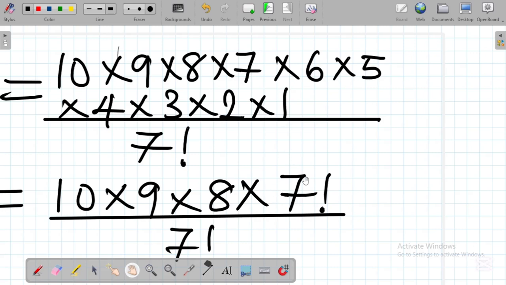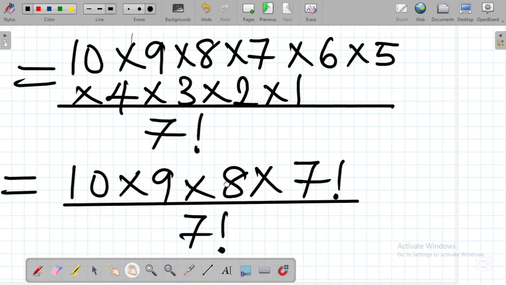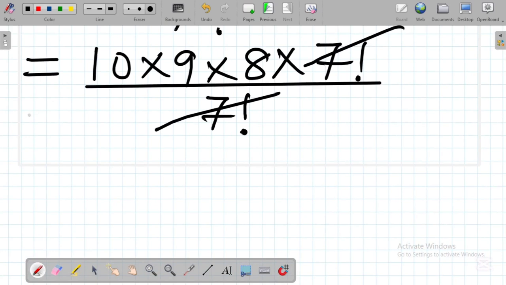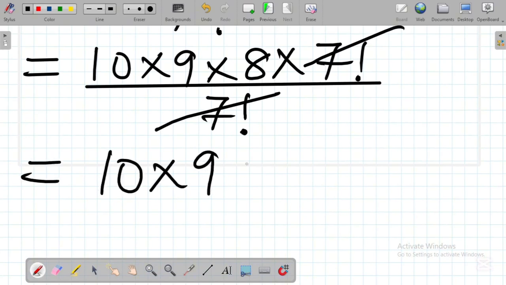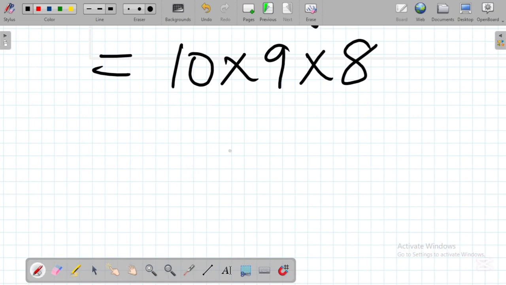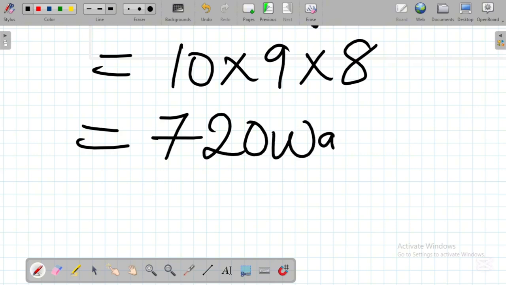That's why I wrote 7 factorial here. So our next task is to cancel out. So 7 factorial cancels 7 factorial. So we are left with 10 multiplied by 9 multiplied by 8. So our answer becomes 720 ways.